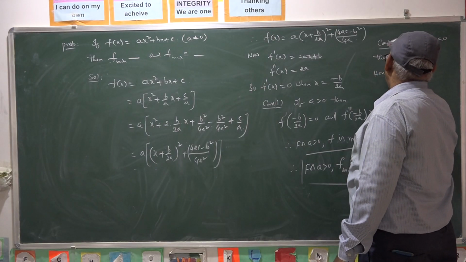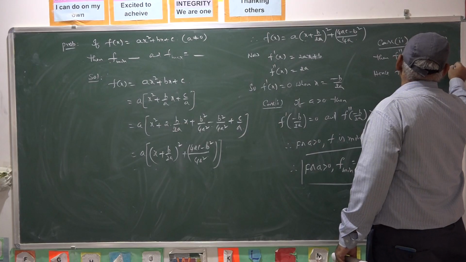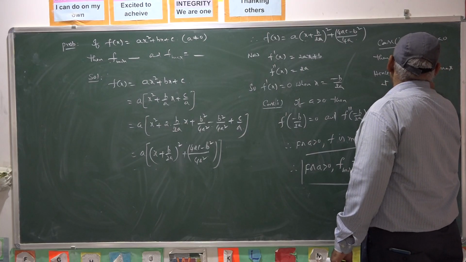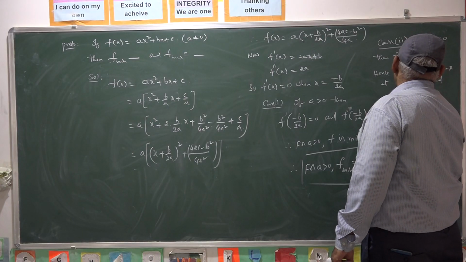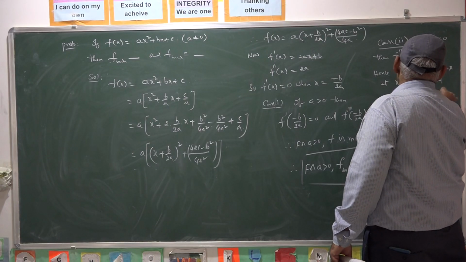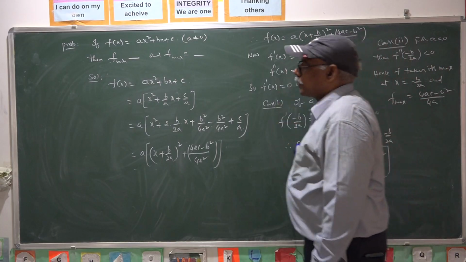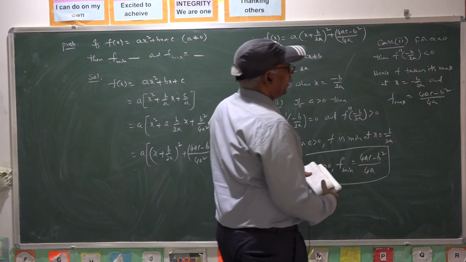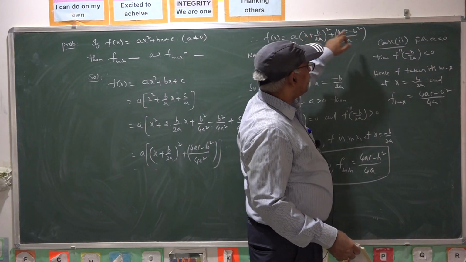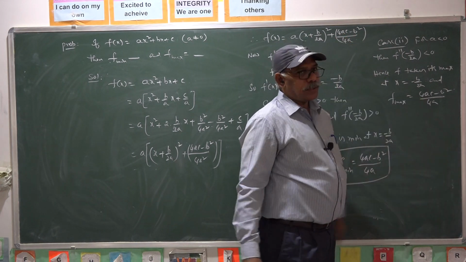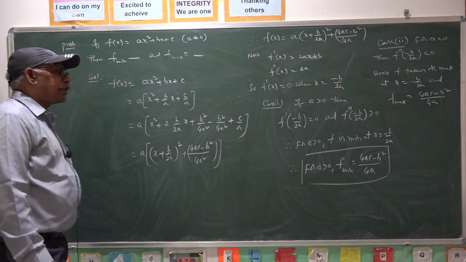Hence, f takes its maximum at x = −b/2a, and the maximum value is, in such a case also, (4ac − b²)/4a, because the square term is 0 once x = −b/2a.